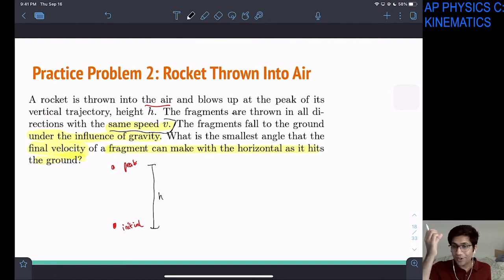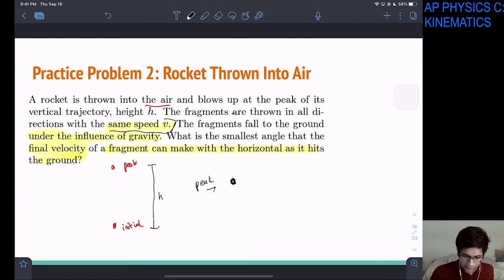We launch it, it reaches its peak, and then it blows up. So what does this mean? If this is the peak here, this is a different diagram. When it blows up, it's going to do that in all different directions, right?